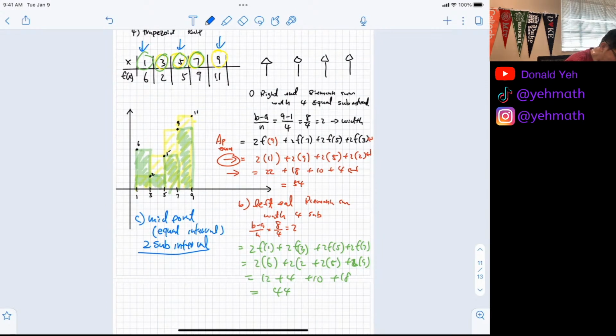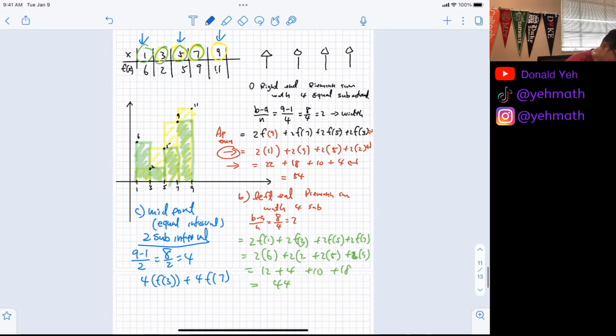So b minus a, which is 9 minus 1 over 2, so it'll be 8 over 2, which is equal to 4. So it'll be 4 times f of 3 plus 4 times f of 7. Which in this case is going to be 8 plus 32, that's equal to 40.